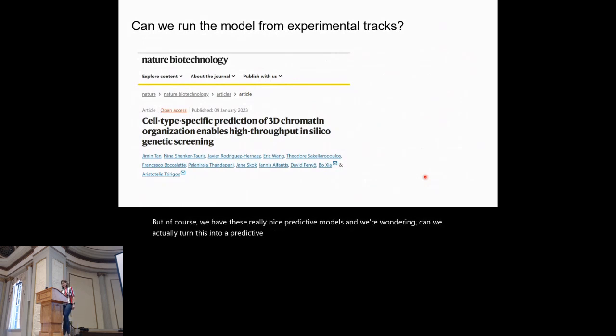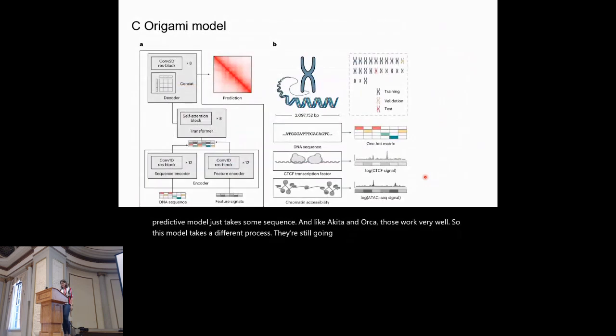We're very inspired by the C.Origami paper. We have some purely sequence-to-function models where your predictive model just takes in sequence, like Akita and Orca, and those work very well. This model takes a slightly different approach. They're still using sequence, but it's more of a contextualized model where you have sequence, but you also have epigenetic tracks.